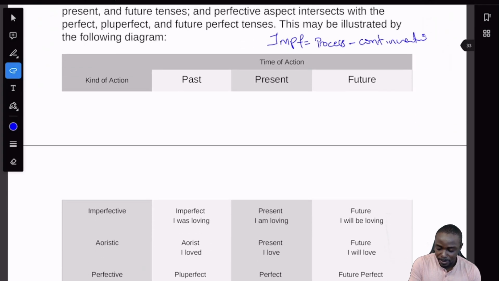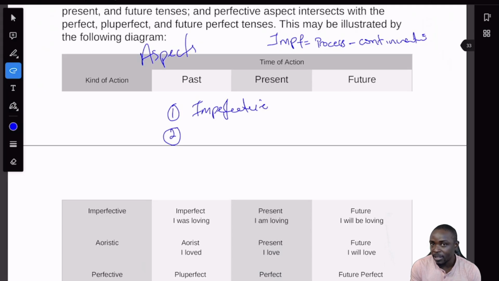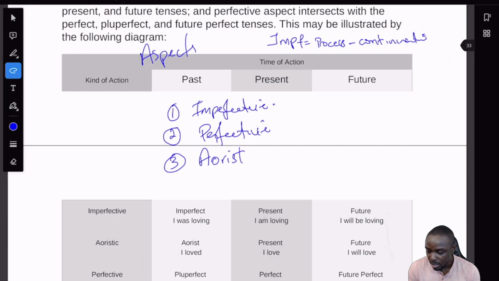So we are dealing with aspects, A-S-P-E-C-T-S. What are the three aspects again? One, we have the imperfective. Two, we have the perfective. And three, we have the aorist.